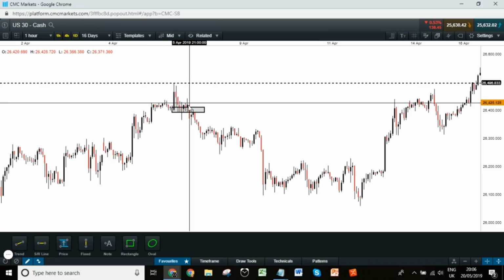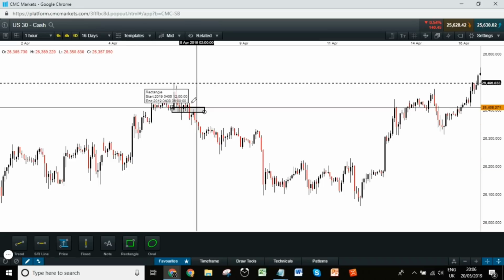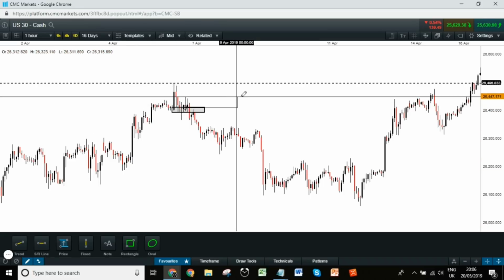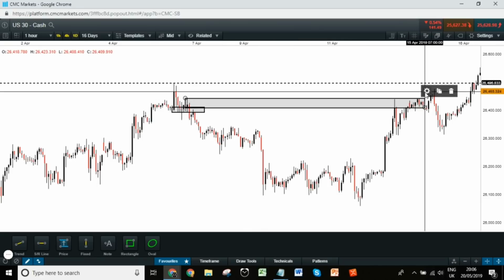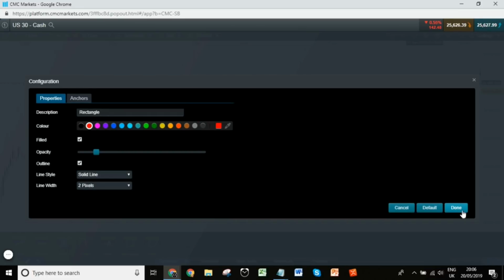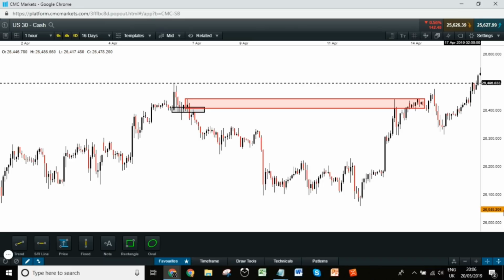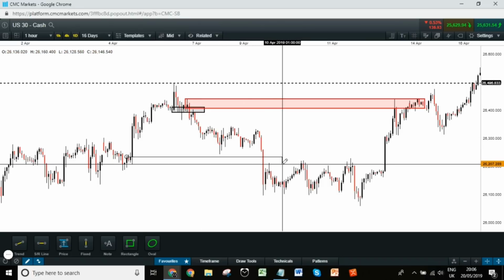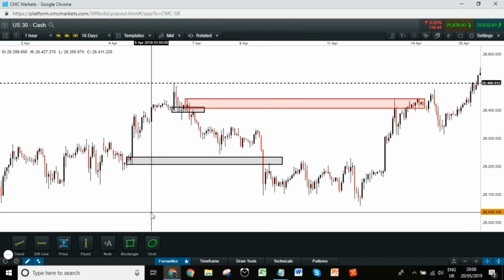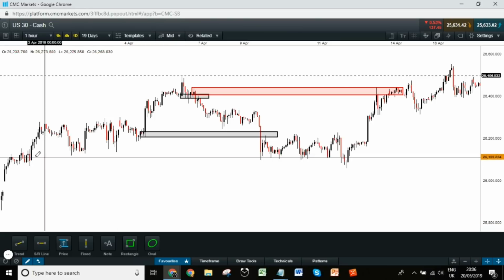Or maybe we've got this level here that we could potentially use if the market comes back to it. Let's make that red so that's clear. And then we've got this down here, which gets absolutely crushed. And we've also got this level over here.